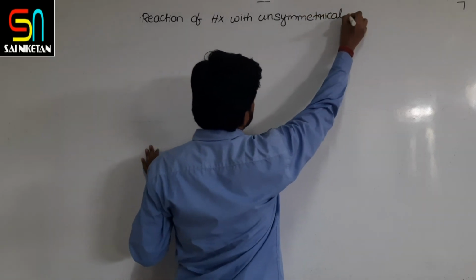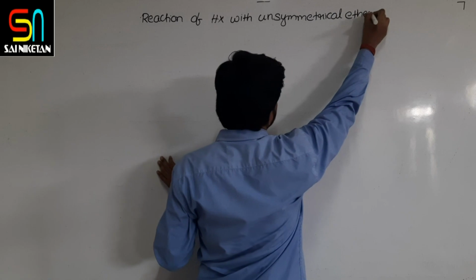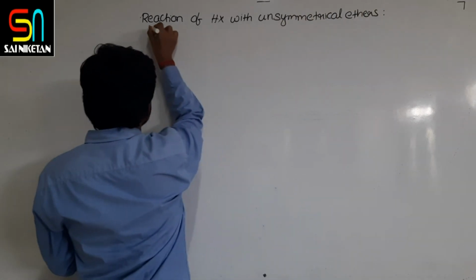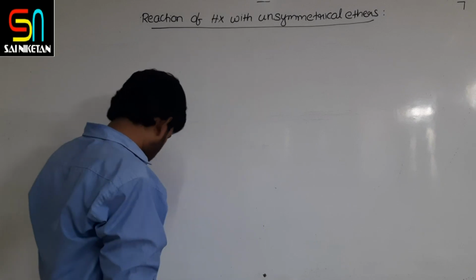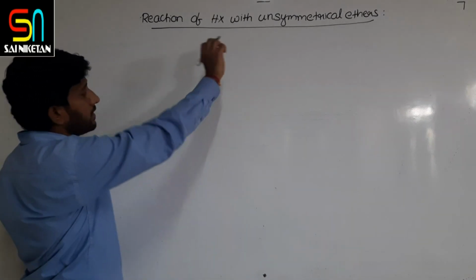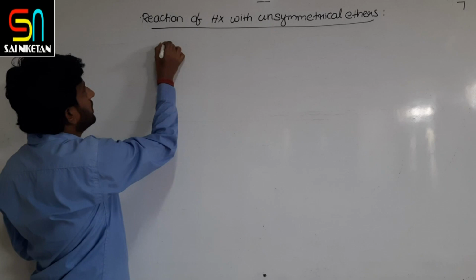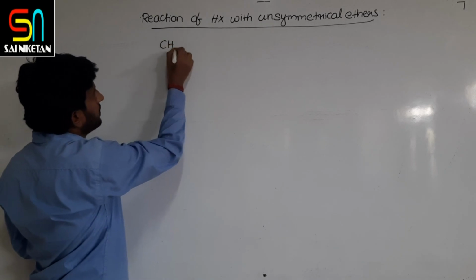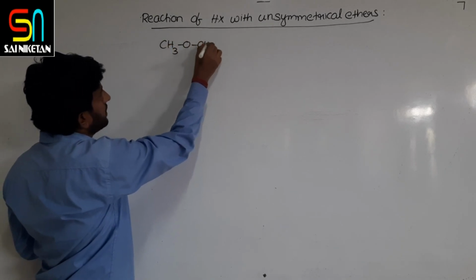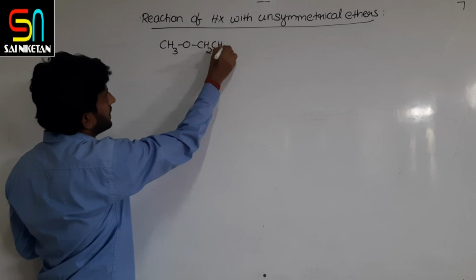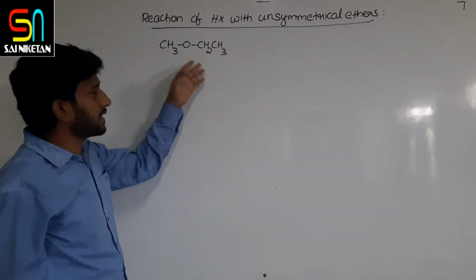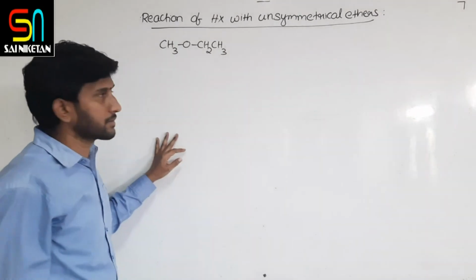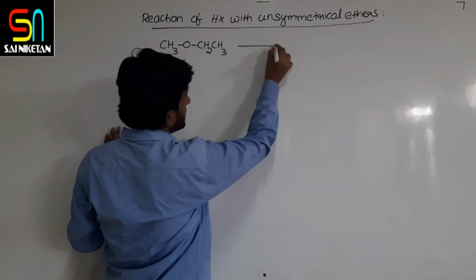Now what happens if the ether is unsymmetrical? Let us assume I have methyl ethyl ether, or alkoxyalkane, methoxyethane.